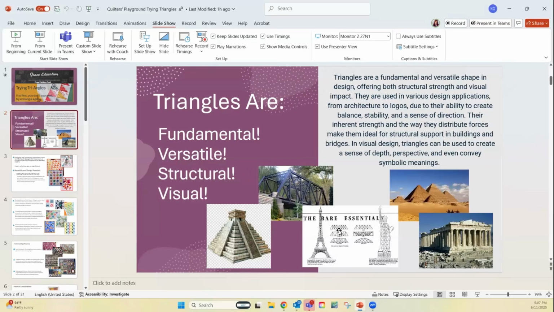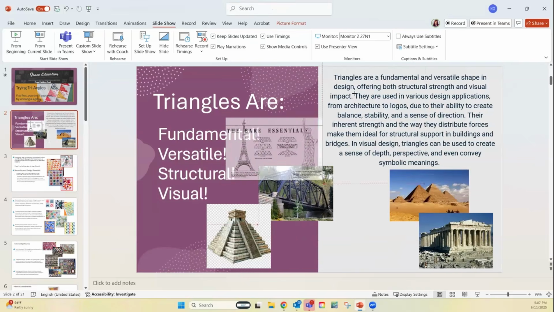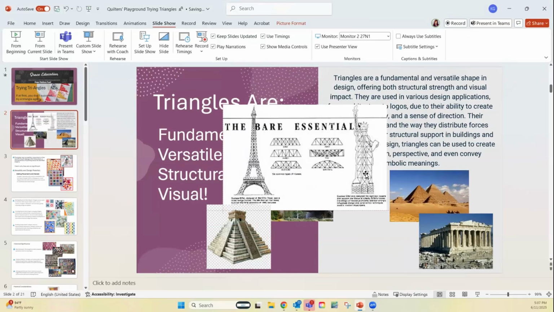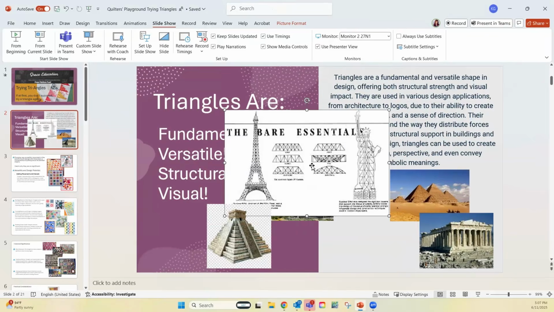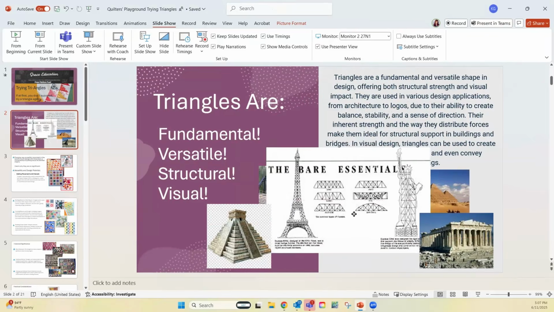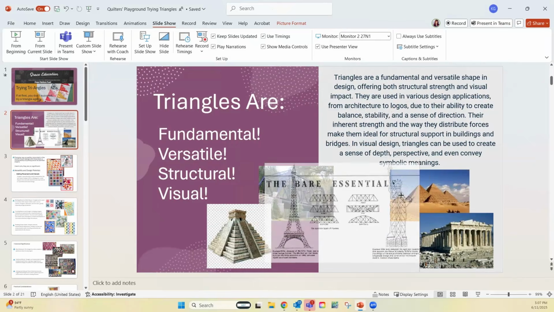This little one, and I'm going to make it a little bigger, you guys, with the Statue of Liberty and the Eiffel Tower, is kind of cool because I didn't realize these were actually created from triangles, and that's how they put them together.